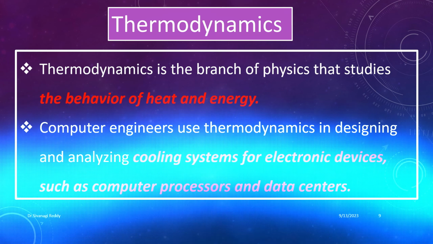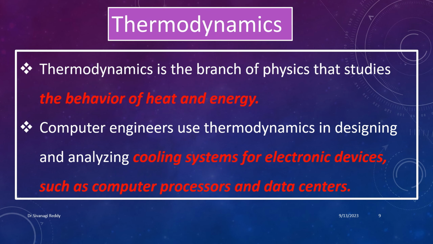Next one is thermodynamics. Thermodynamics mostly deals with the behavior of heat and energy. Whenever we are using electronic devices, those devices are made up of semiconducting materials. Whenever we use them continuously, there will be energy loss in those systems based on the design, and the dissipated energy will be converted into heat energy.